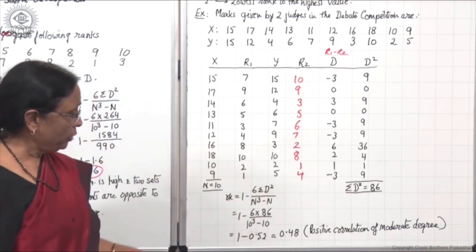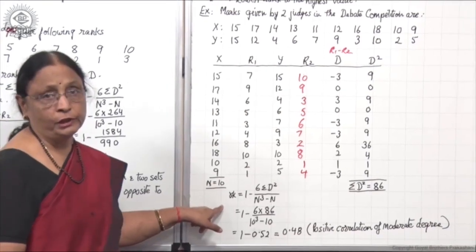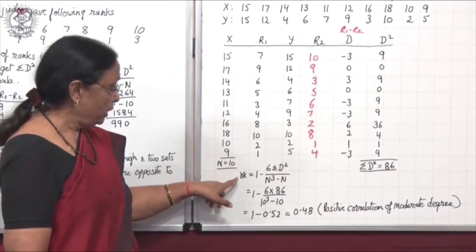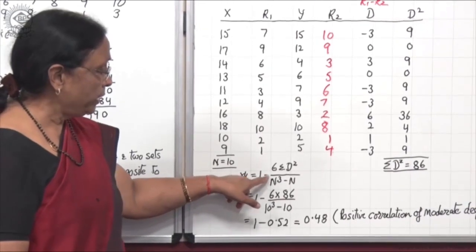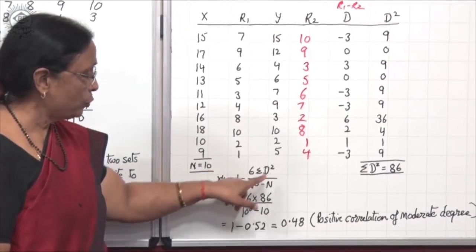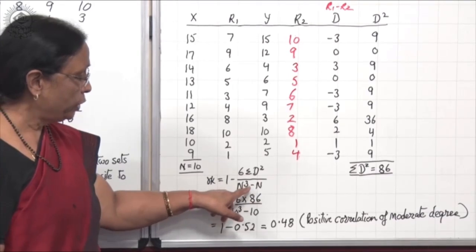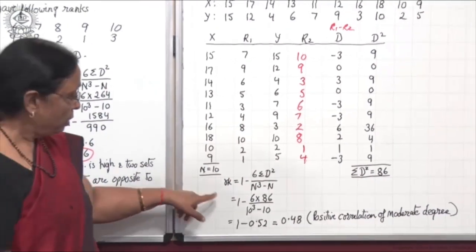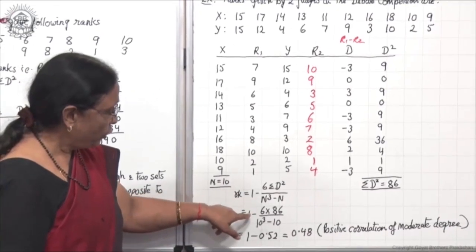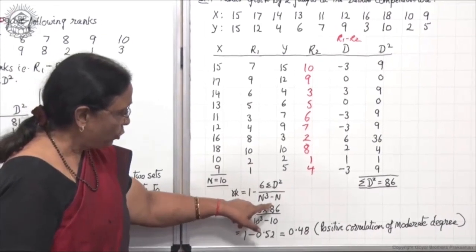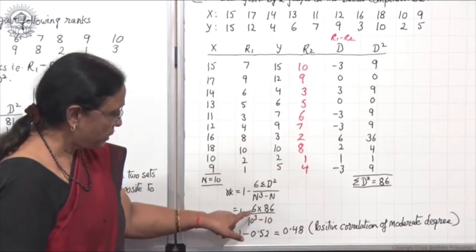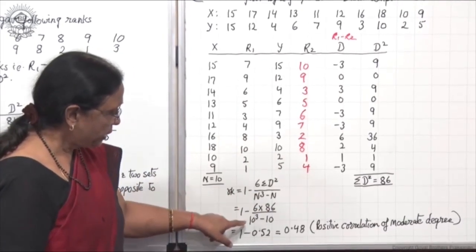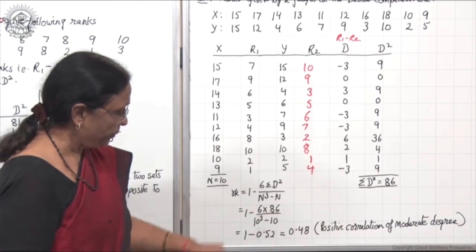After getting these values, apply the formula. The formula is Rk is equal to 1 minus 6 sigma D square upon n cube minus n, right? Same formula. Apply the values. Here 6 into sigma D square is 86, write down 86, n is 10, so 10 cube minus 10.